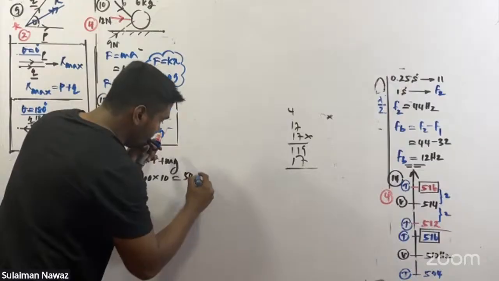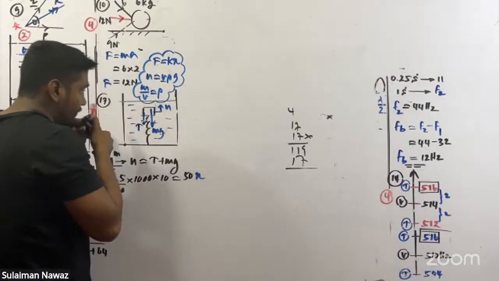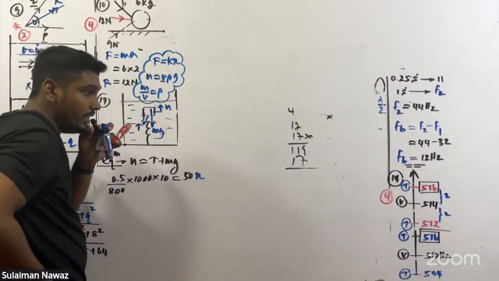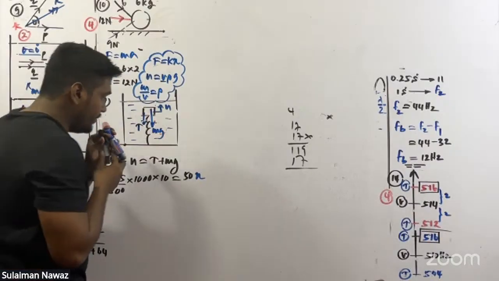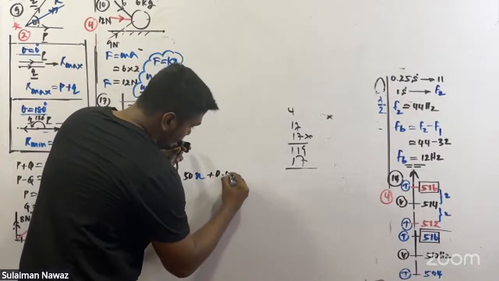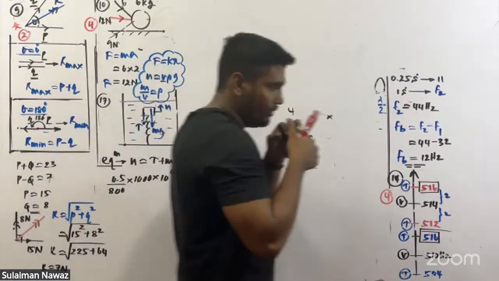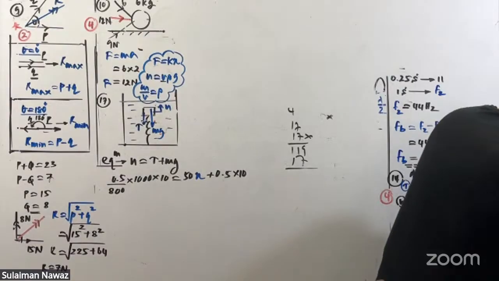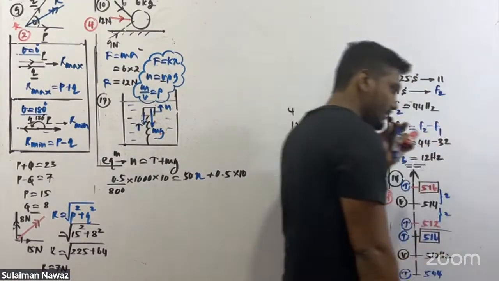The mass of the wooden cube is 0.5 kilograms, and g is 10. Substituting, we can find x.